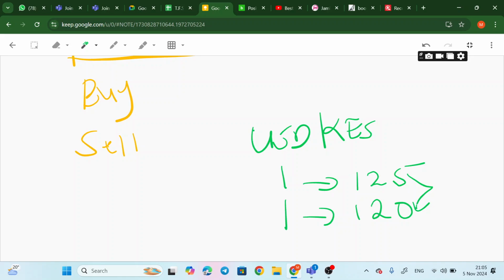If I'm at 125 and I know very well that this market is going to drop to 120, I will place a trade called sell, because I'm expecting the price to depreciate. So anytime you're placing a sell trade, you are speculating that the price is going to depreciate.